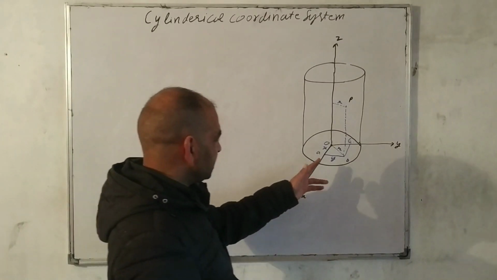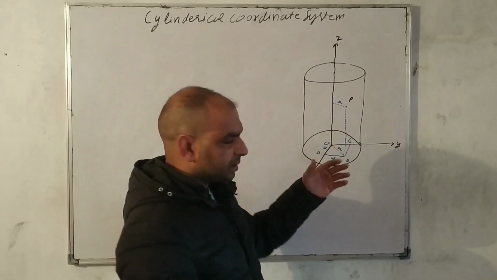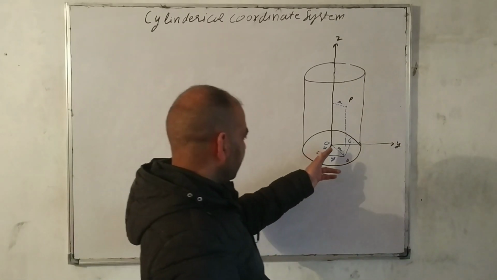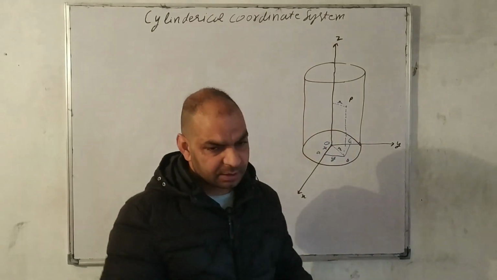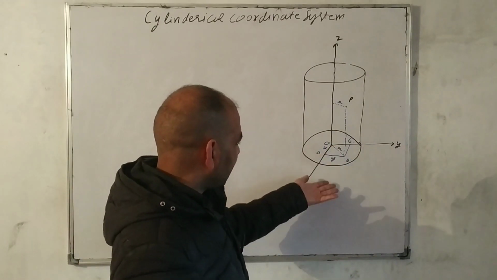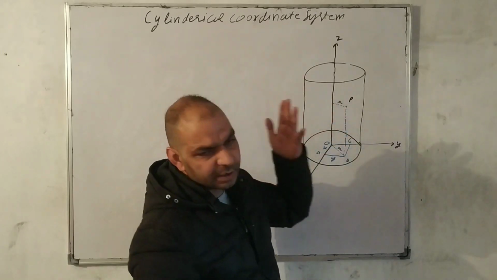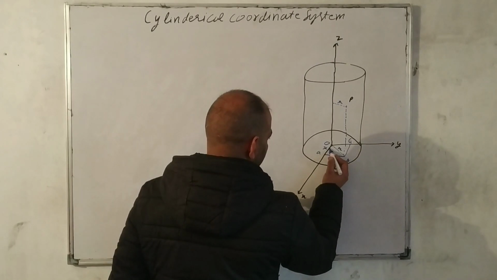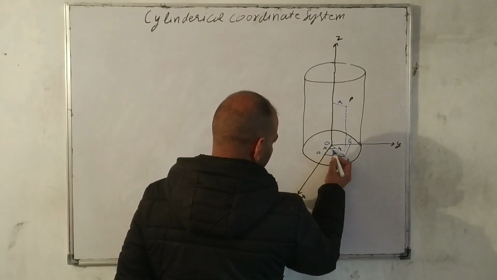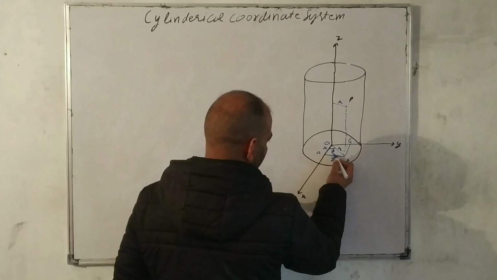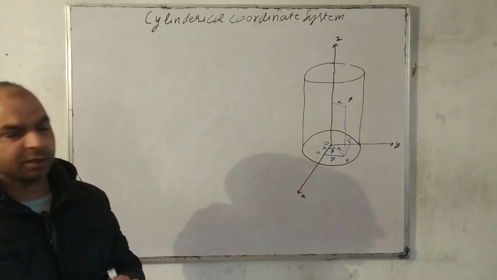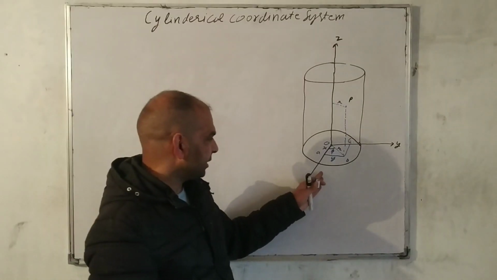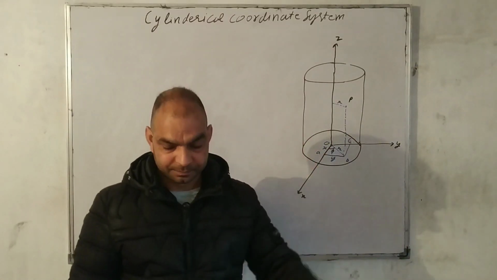The first coordinate is r, meaning how far it is from the axis of the cylinder. The second coordinate is z, meaning at how much height it is above the base of the cylinder. And the third one is phi. So these are the 3 coordinates we need to locate the position of any point in a cylindrical coordinate system. Phi means how much angle it is making with the x axis.